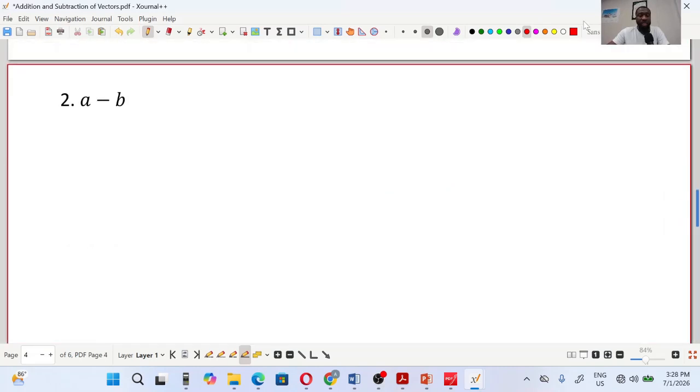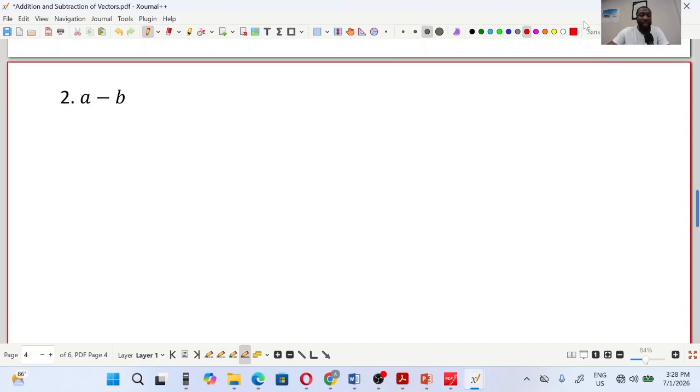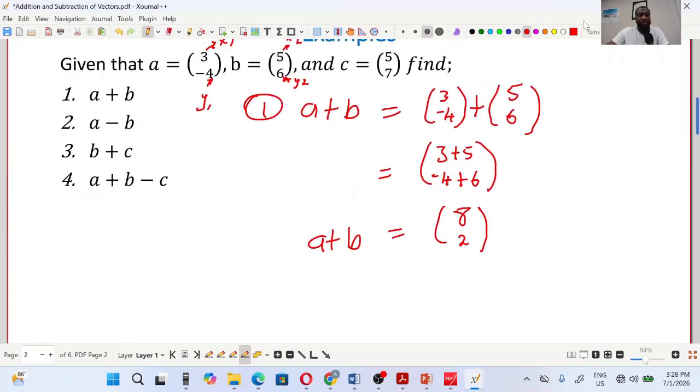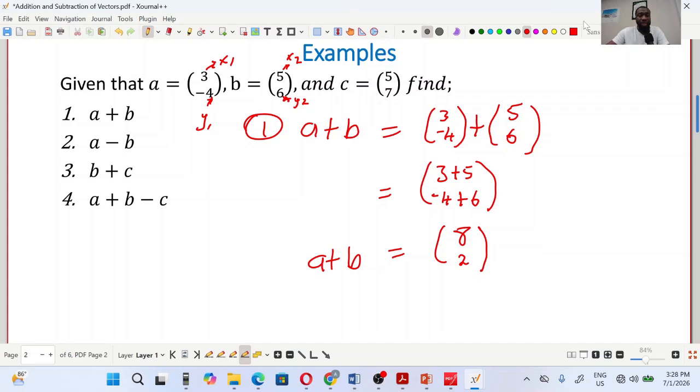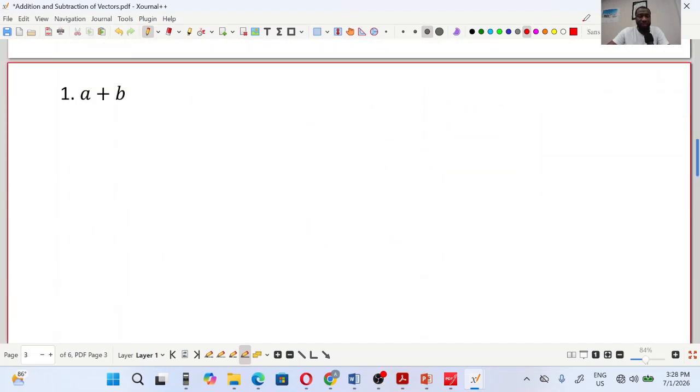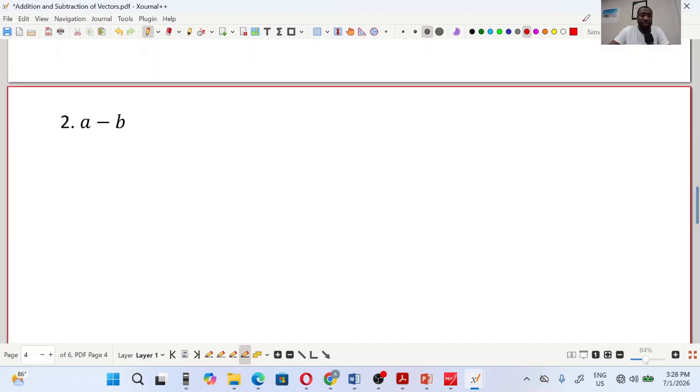The same way, when I'm looking at number 2, I know that I have A minus B. We know our A is equal to (3, -4), and B is (5, 6).